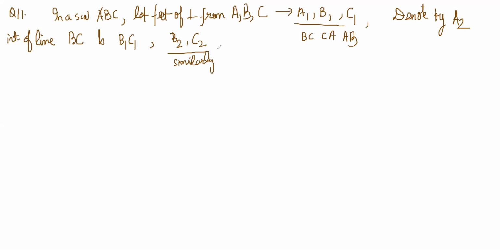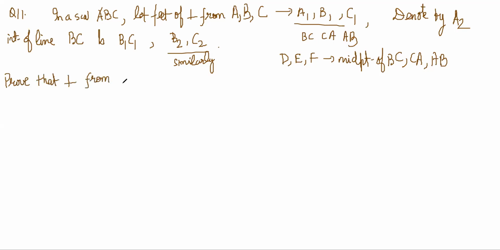Let D, E, F be the respective midpoints of BC, CA, and AB. Prove that the perpendiculars from D to AA2, E to BB2, and F to CC2 are concurrent.